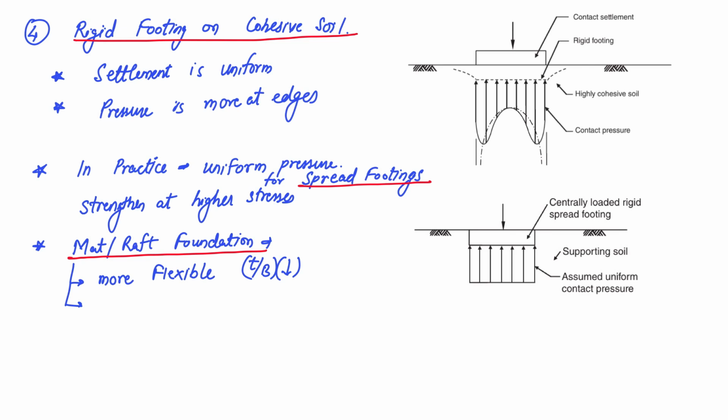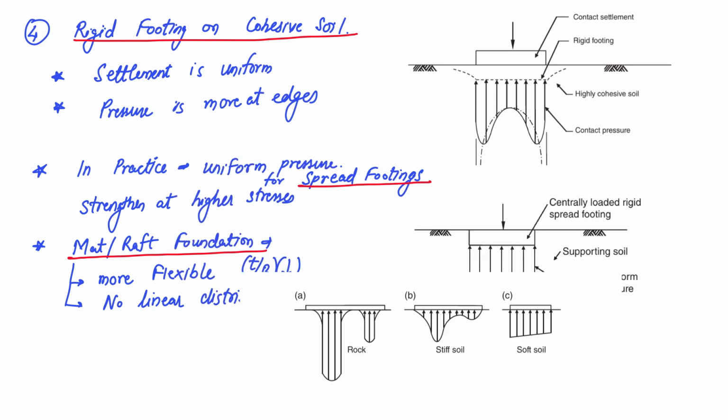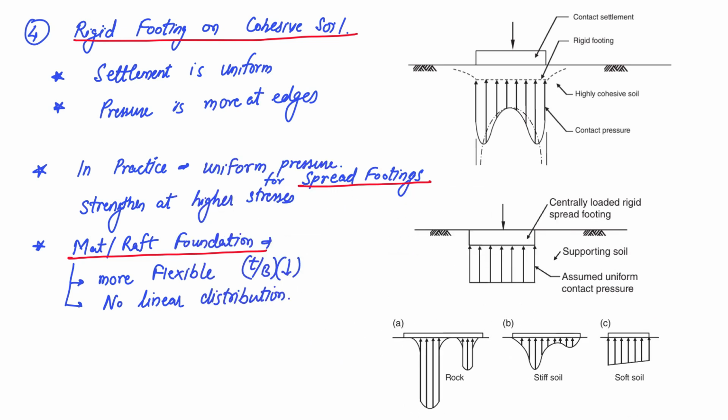Also, the assumption of linear contact pressure distribution would be erroneous unless the supporting material is mud or peat or any soft soil. At locations of heavy load, such as those of columns and bearing walls, a mat settles more than at locations with relatively light loads because the pressures beneath the heavily loaded zones are greater.